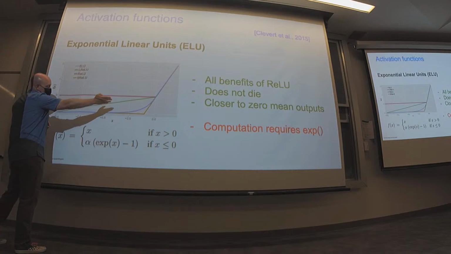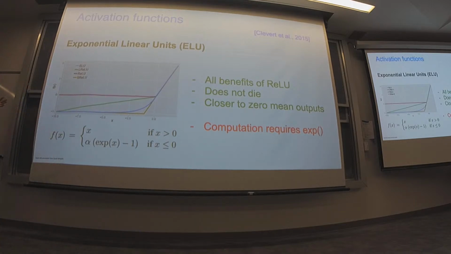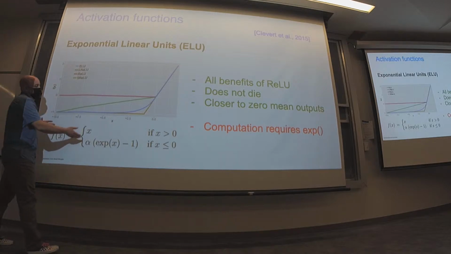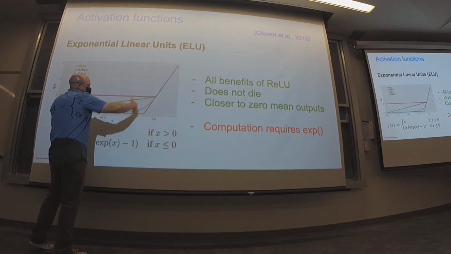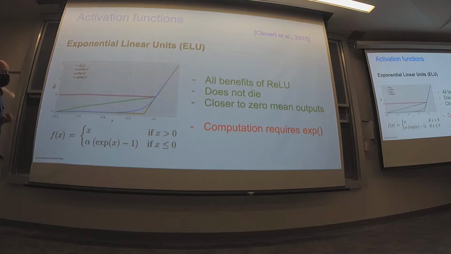that again is saturating, but there's a parameter here that allows you to decide where to saturate. So it allows you to have some negative values, but it doesn't allow very, very negative values. Usually you can pick a parameter where you get enough response in this section for it to maybe provide some benefits. So it has the benefits of ReLU.